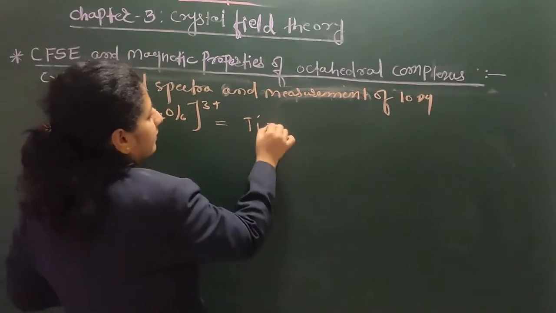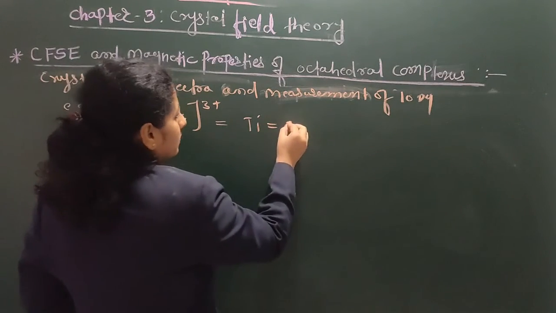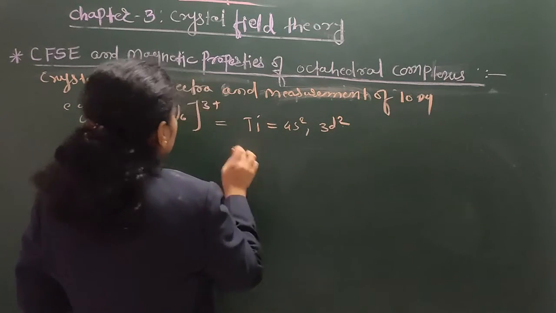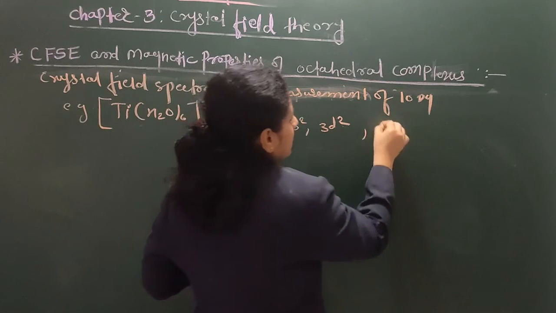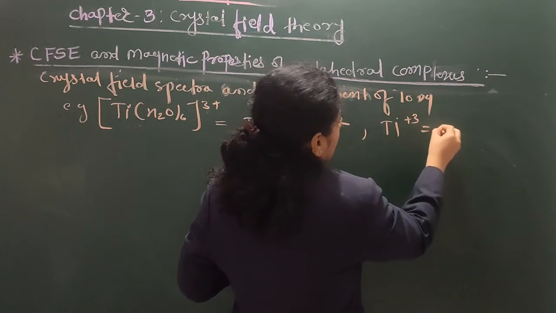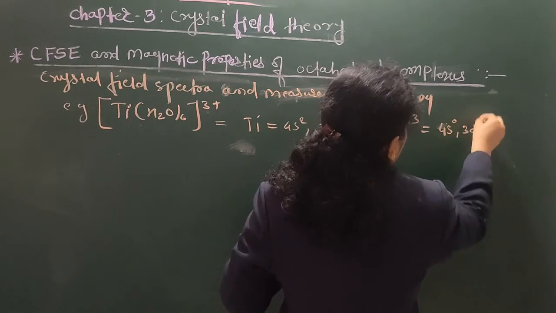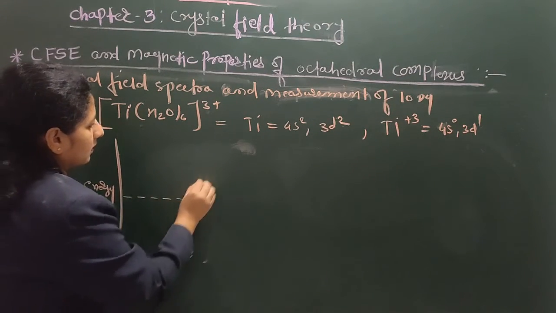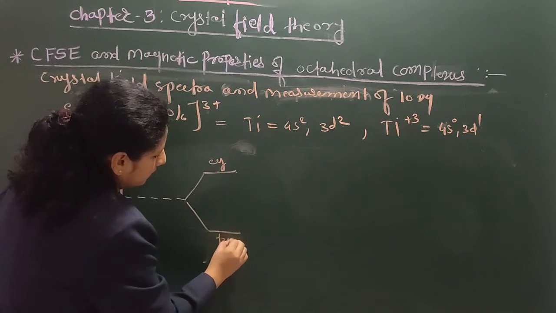For titanium, the atomic number is 22, so the electronic configuration is 3d2. For the oxidation state, we draw the diagram with Eg and T2g.